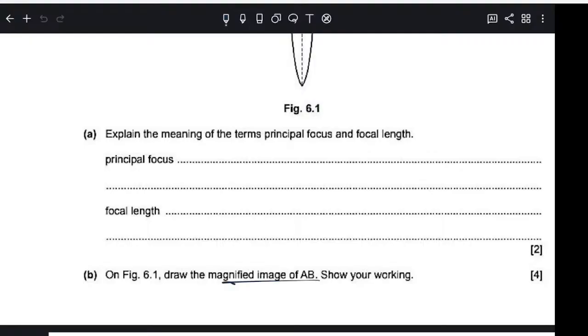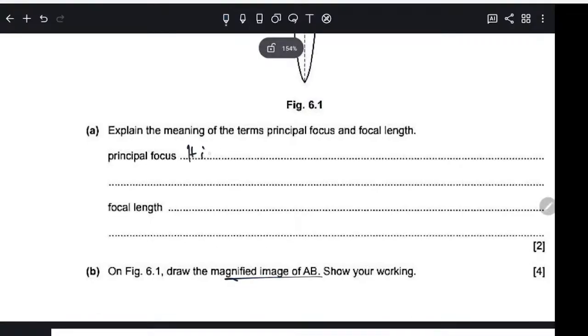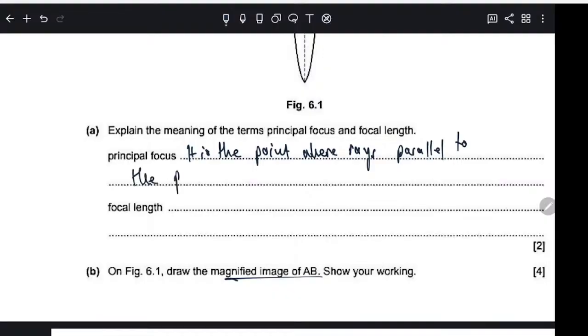Principal focus right there. It is the point where rays parallel to the principal axis converge.